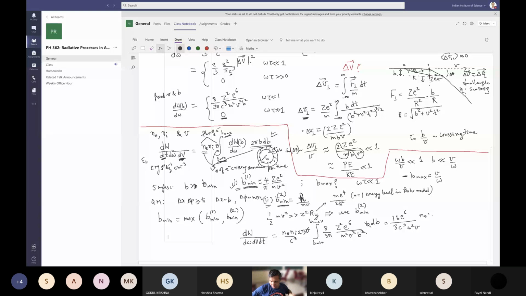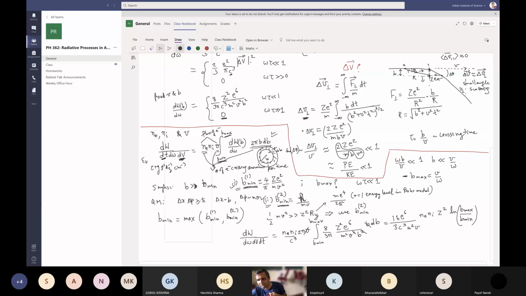Ne Ni Z squared. Now we have that logarithmic factor, so log b max by b min. Right, so this is the expression. As I said, the integral doesn't depend very sensitively on the value of b max and b min.